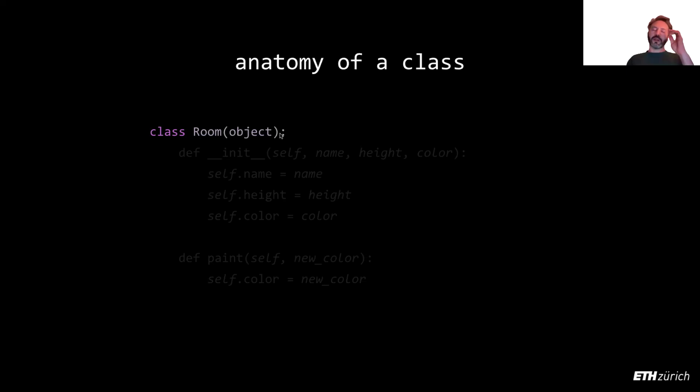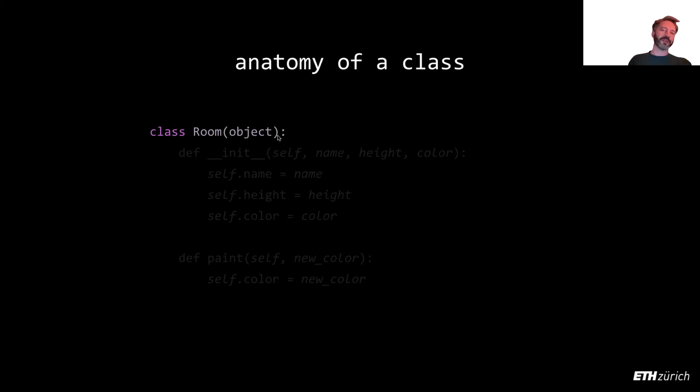Then we need to tell it what is the object that we inherit from. There's always one object that we inherit from, even if we don't inherit from anything, because everything in Python is an object. This is what explicitly or implicitly happens. We say Room is actually an object.